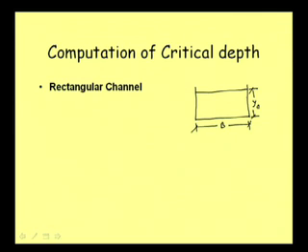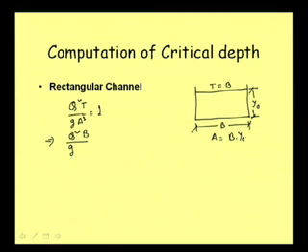Now, starting from the very general relation Q square T by g A cube is equal to 1, which is a general expression for critical depth, here our top width T is nothing but equal to B. So we can write Q square, B and g, and the area is nothing but B into yc, so we can write this as B cube into yc cube, equal to 1.